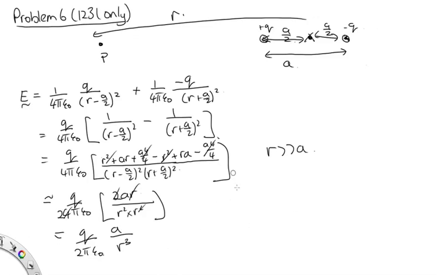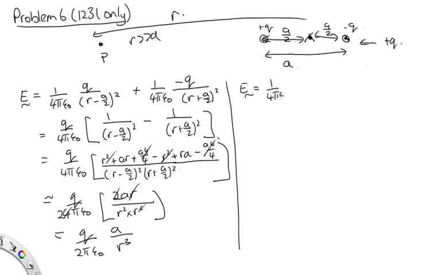Now the next case is very similar, so let's try and fit it on the same page. Let's just move this up here. R is a lot bigger than A. What we're going to do now is replace this minus Q with a plus Q. Okay, so the electric field, this part stays the same. We've got 1 over 4 pi epsilon naught Q over R minus A over 2 squared.